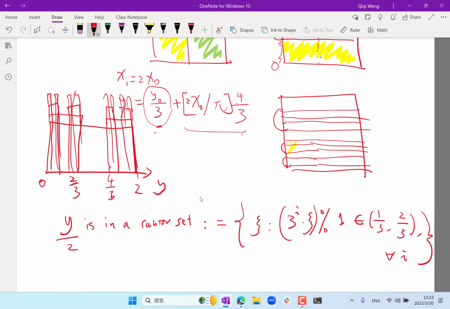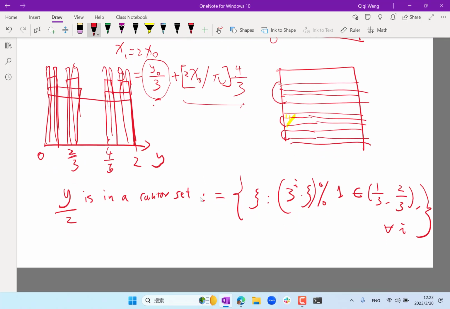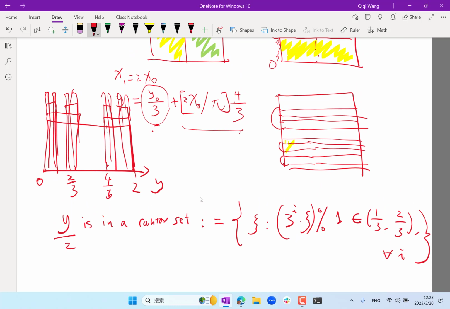Okay, so from a probability point of view, or from a measure point of view, what is the probability that you randomly choose a point and that it lies within the set?